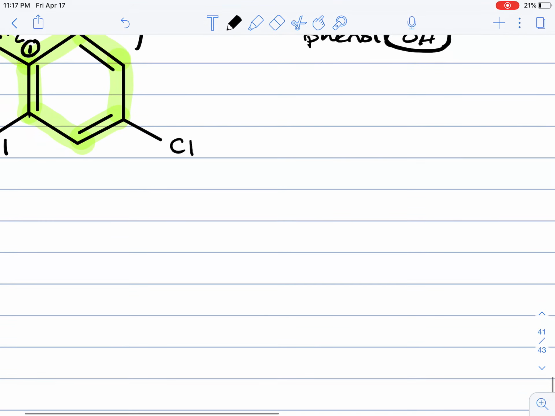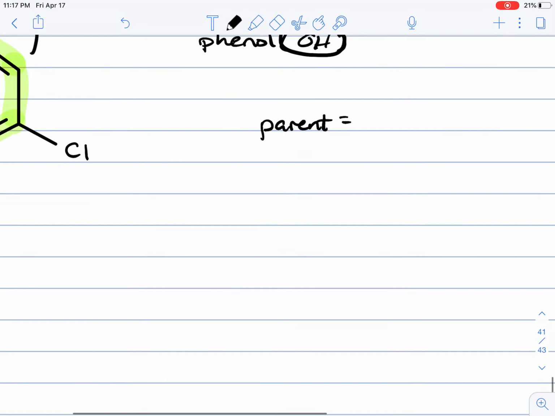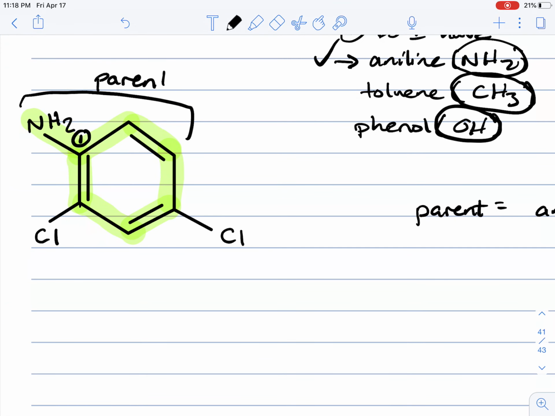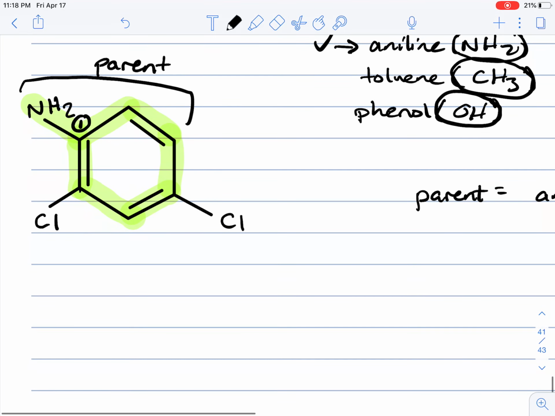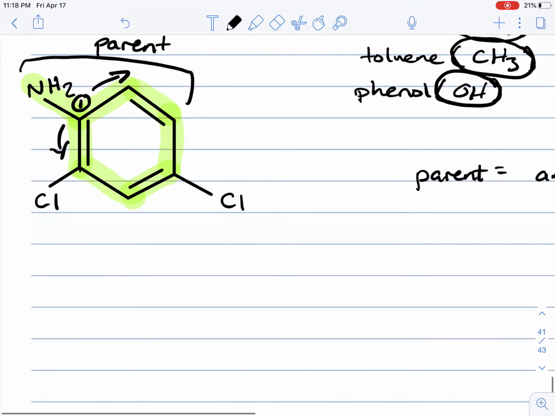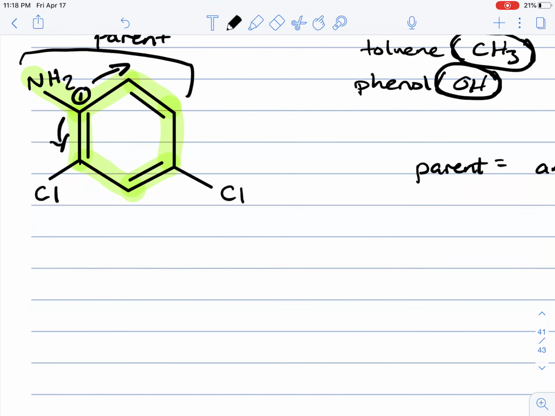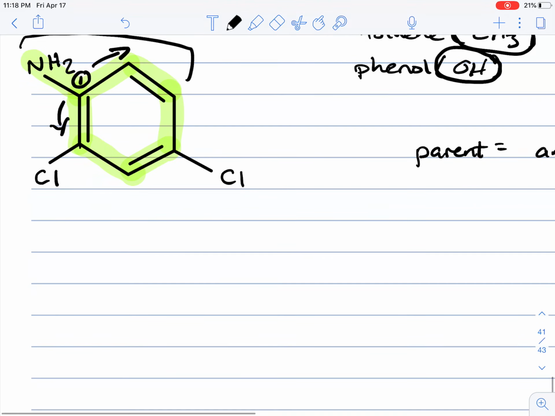The name of my parent ring is going to be aniline and not benzene. Now I just have to figure out whether to go clockwise or counterclockwise. I still have to do that, but at least I know that NH2 is going to represent carbon number 1 on this benzene ring.